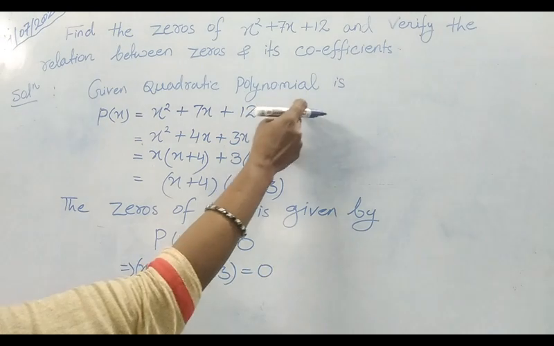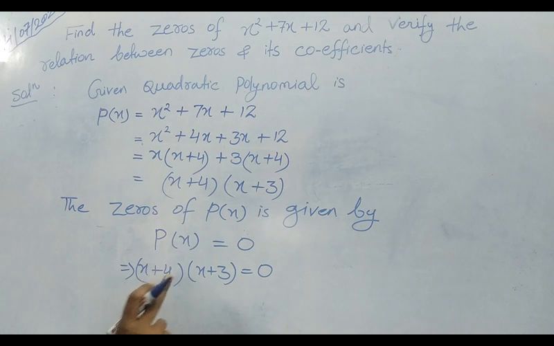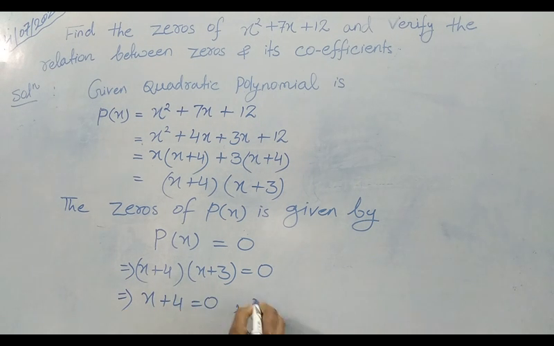So you can easily find out the value of x. Here x plus 4 equal to 0 or x plus 3 is equal to 0. When you simplify it, you have x equal to minus 4 and minus 3. That means the two zeros we have are minus 4 and minus 3.